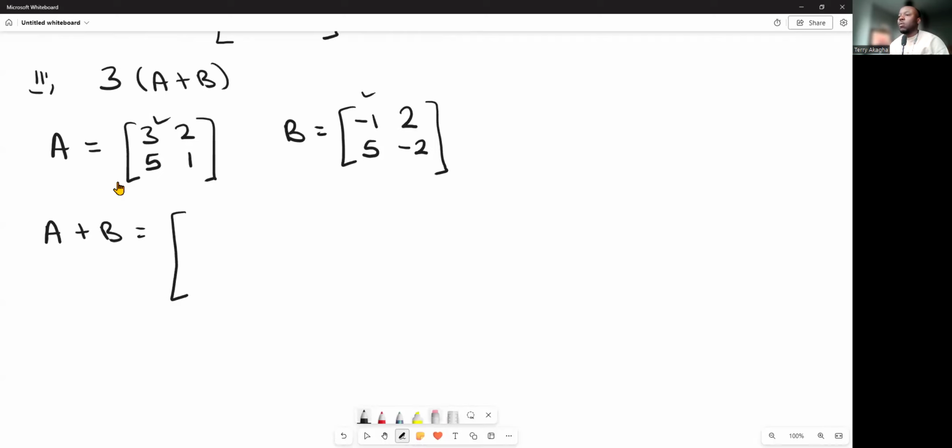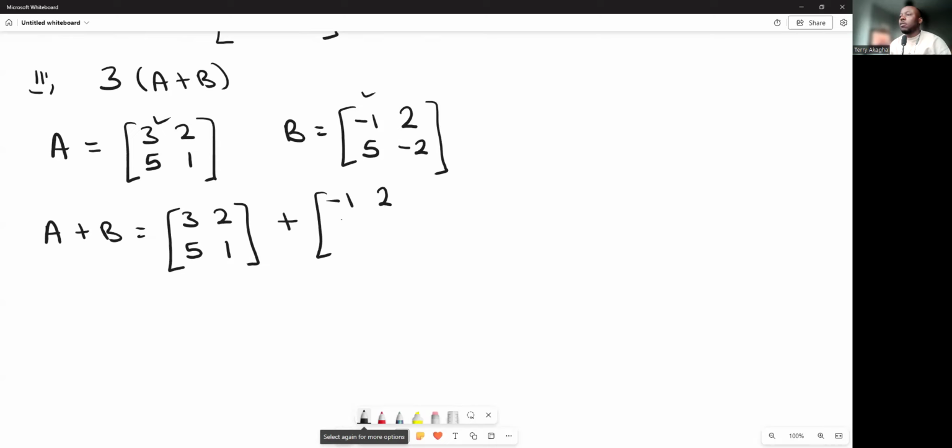I can rewrite the matrices here, so it will help those that are writing to follow what I'm doing. A is 3, 2, 5, 1, plus B, which is minus 1, 2, 5, minus 2.